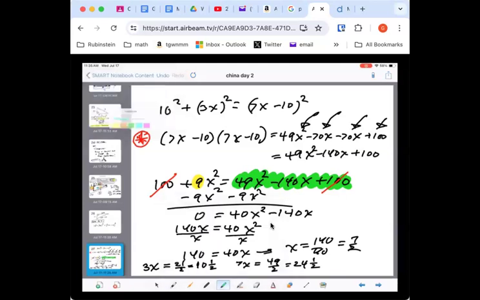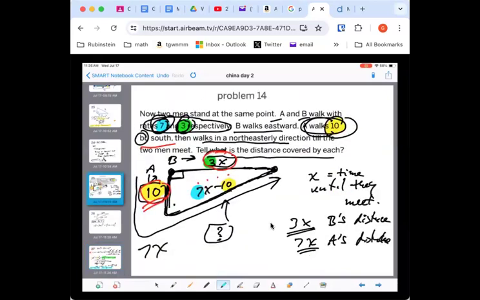By the way, I am taping now, but I paused after the break and I didn't realize I didn't restart the recording. So my whole explanation of why we have 7x minus 10 in this spot right here, we don't have that in the video.